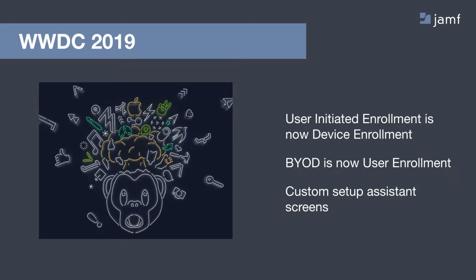And then BYOD is such a common term, but in the sense of enrollment, and as we continue to align with Apple's strategy, we're going to call that user enrollment today. So user enrollment was previously known as BYOD, or bring your own device, as well as device enrollment was previously known as user-initiated enrollment. Now, I also put up on the screen, as you can see, custom setup assistant screens.